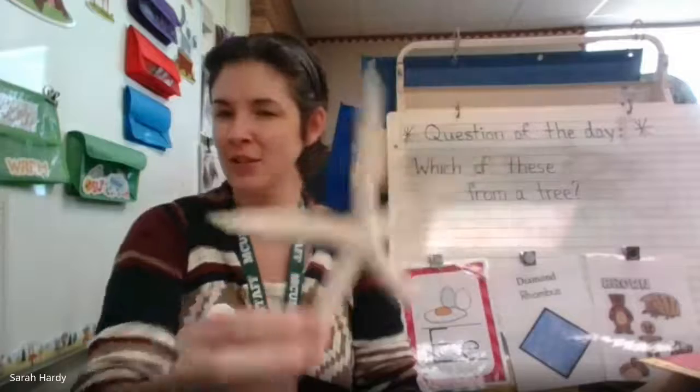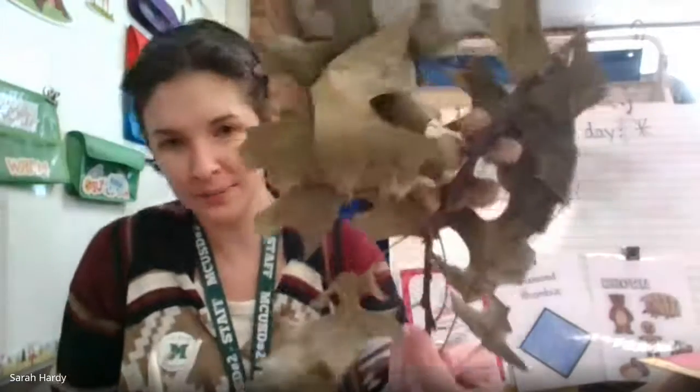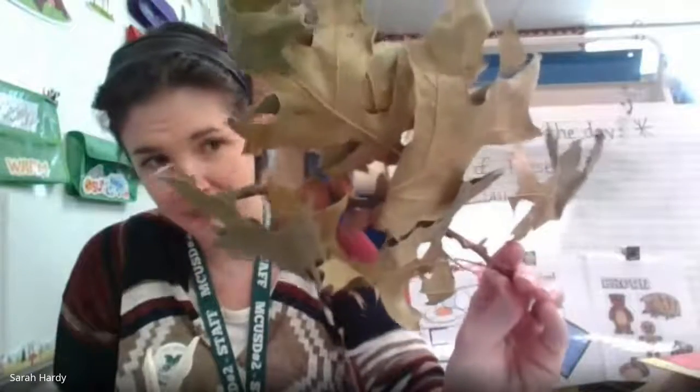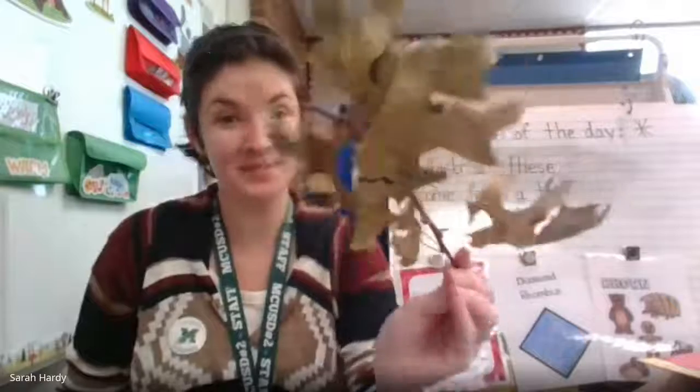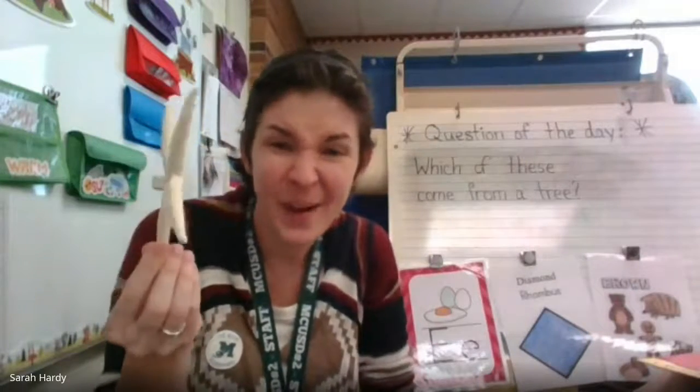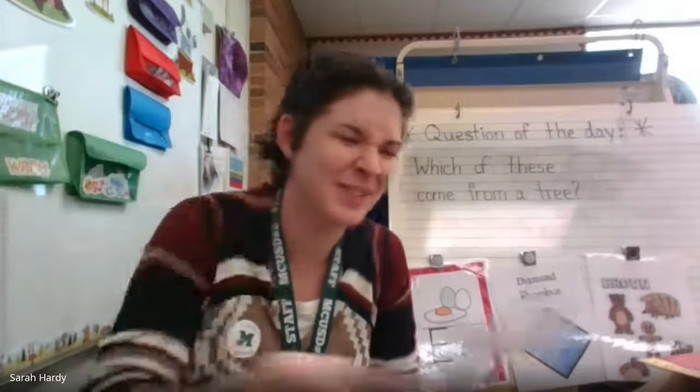Okay, starfish. Or these are what? Leaves. So which one comes from a tree? Leaves. You're right. Where does this one come from? The ocean. Yeah, that doesn't come out of a tree.